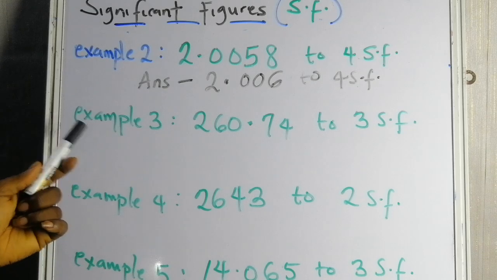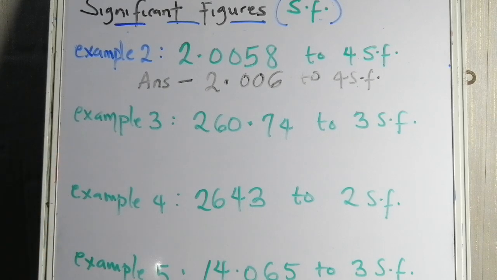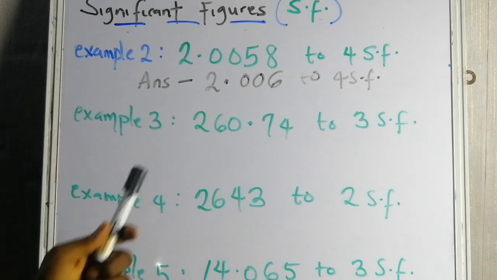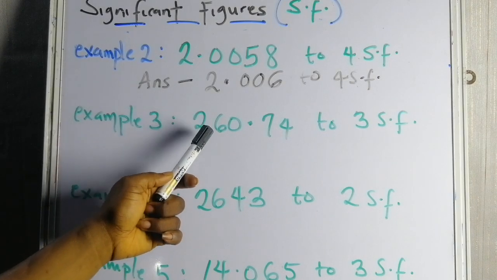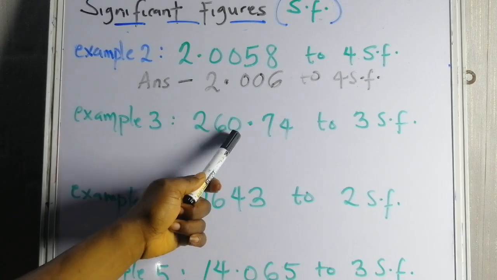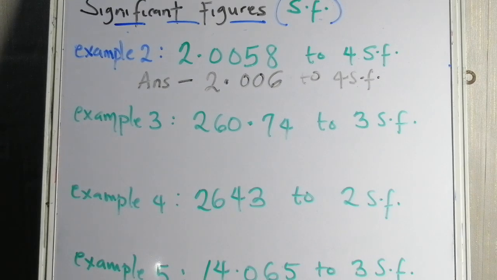Now, example 3: 260.74 to 3 significant figures. You start counting because we started with a figure which is 2. So that is 1, 2, 3, and that is where you stop.